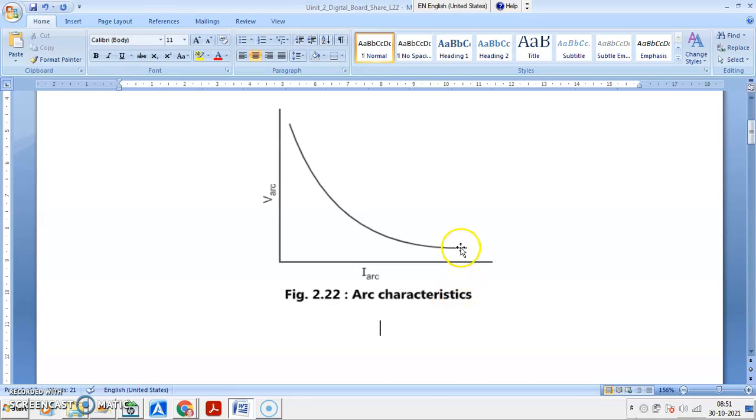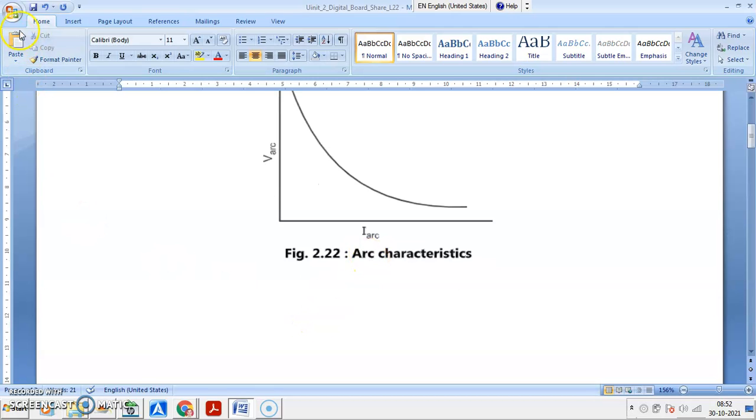When arc current is very low, arc voltage will be very high. When arc current is very high, arc voltage will be very low. That is the inverse characteristic, as we call it. Okay.